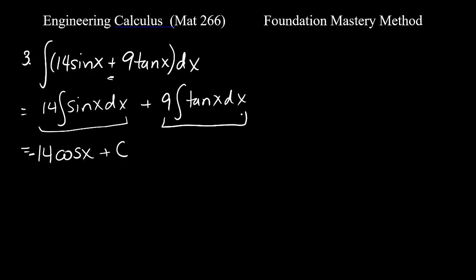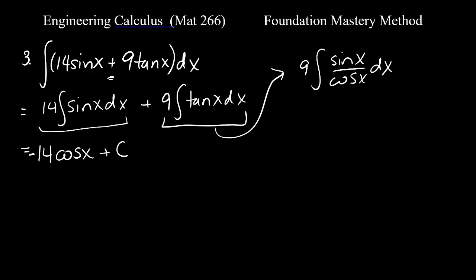Now for this integral here, we don't know an antiderivative of tangent of x. So instead, let's rewrite this in terms of sine and cosine. So this will be the same as 9 times the integral of sine of x over cosine of x dx.